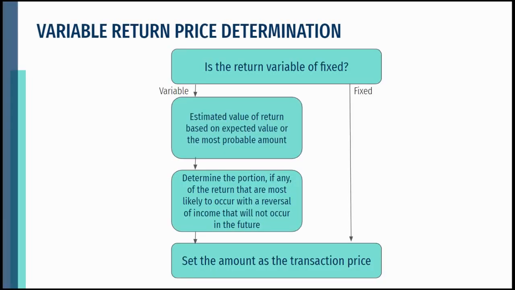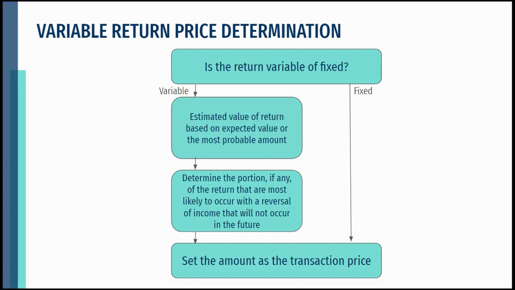Next, this is the table to determine the transaction price for the variable return or reward. First, we must identify whether the reward or return is variable or fixed. If it's variable, we must estimate the value of the return based on the expected value or the most probable amount.